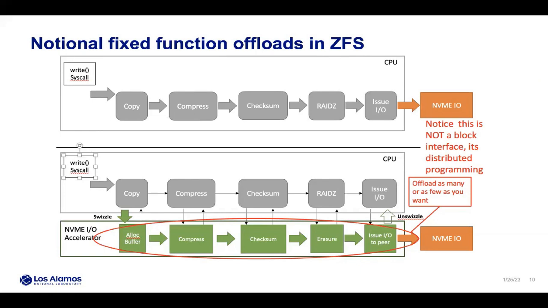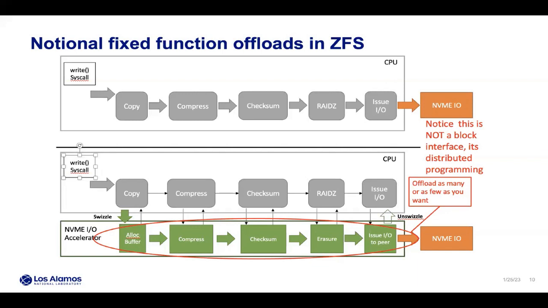And so this is the notional fixed function offloads in ZFS. The top represents the traditional ZFS pipeline, and the bottom introduces how we want to accelerate. The main thing to take away here is that we can offload as many of these as we want. We can turn them on and off at will, and ZFS still functions properly.